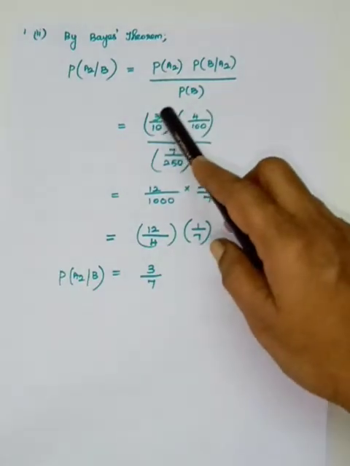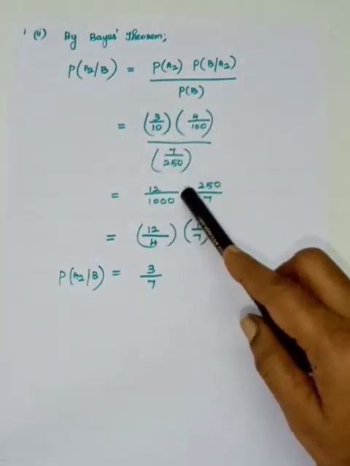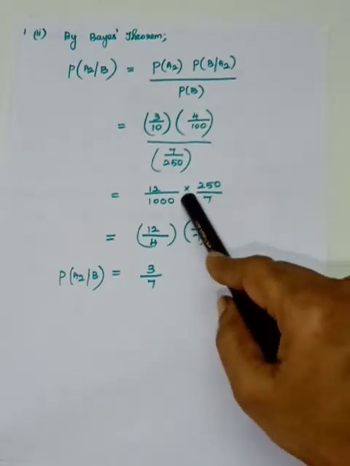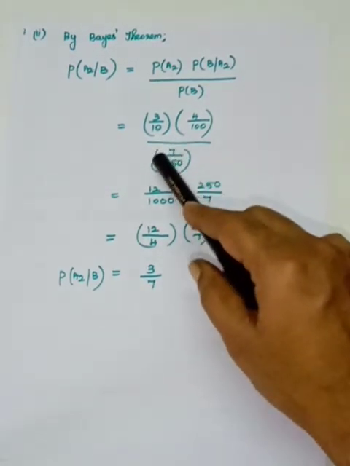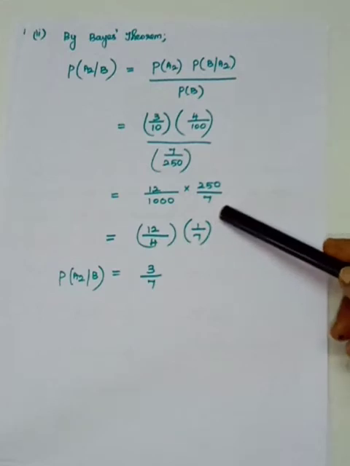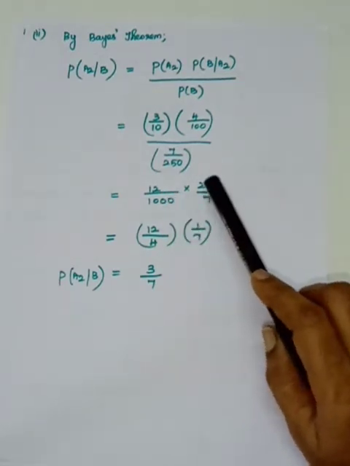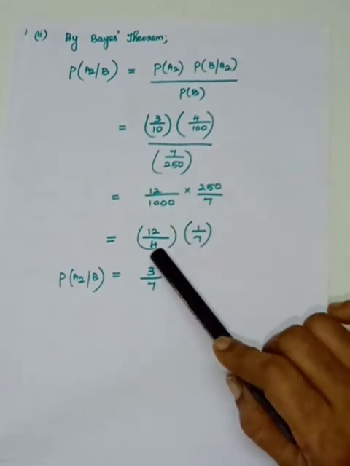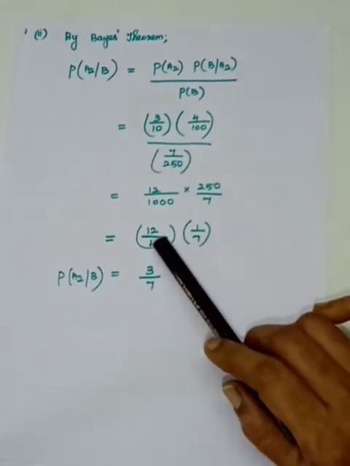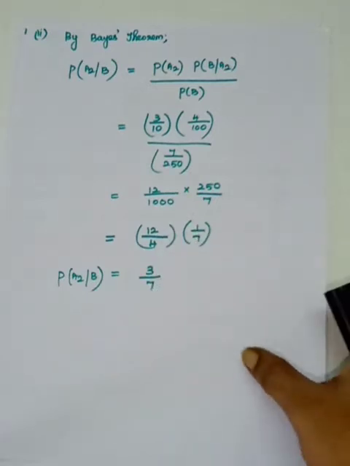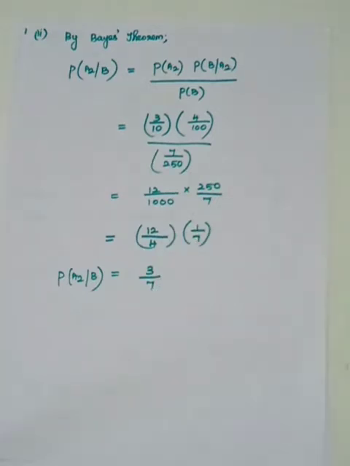So if you multiply 12 by 1000 into, here it is a reciprocal, so we have to reciprocate this term, 250 by 7. The zeros get cancelled, 25 and 100 if you cancel, it is 4. So it is 12 by 4, 12 and 4 get cancelled, so the answer is 3 by 7. So we have completed the third problem.